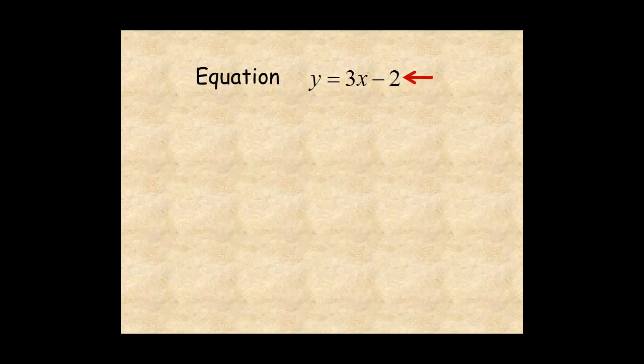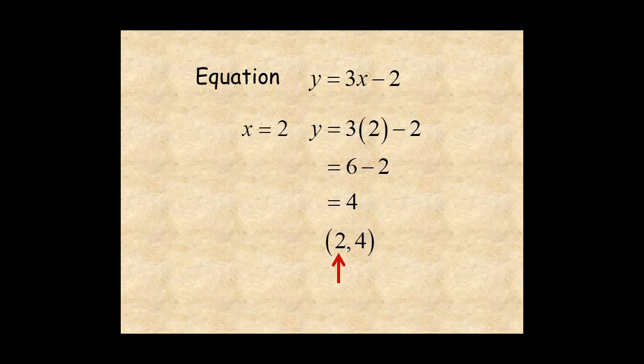For example, if you input x equal 2, you get an output y equal 3 times 2 minus 2, which is 6 minus 2, which is 4. For an input x equal 2, you get an output y equal 4. This relation is also a function, since for one input x, you only get one output y.